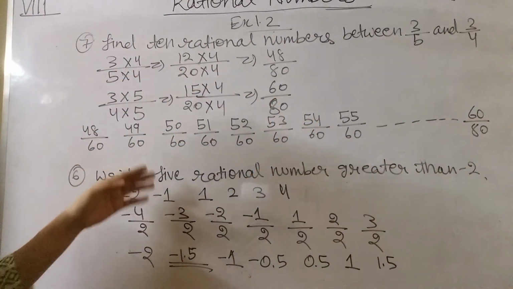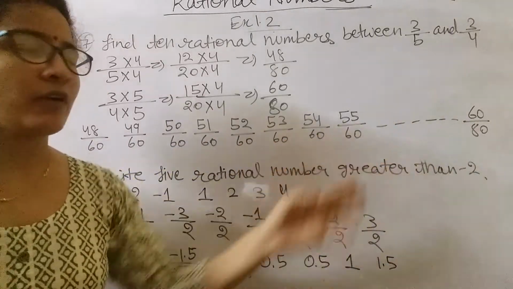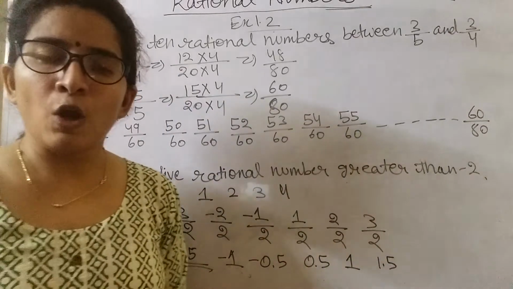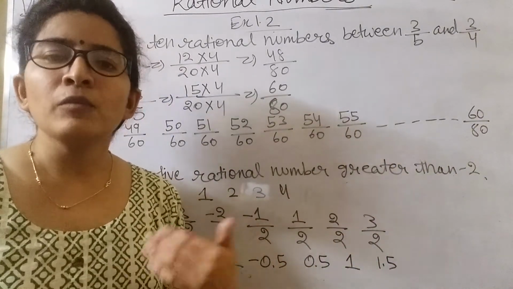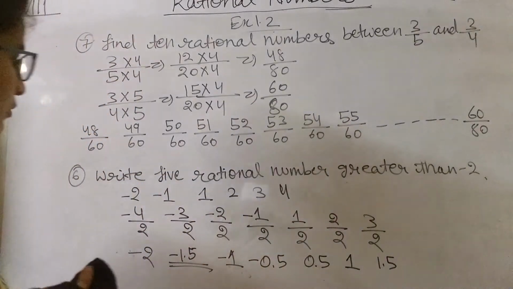So we can count them 1, 2, 3, 4, 5, 6, 7 and 5, 12 rational numbers. So we can see by increasing the denominator more and more, we are getting more rational numbers between two rational numbers. So that is how we will solve our question.